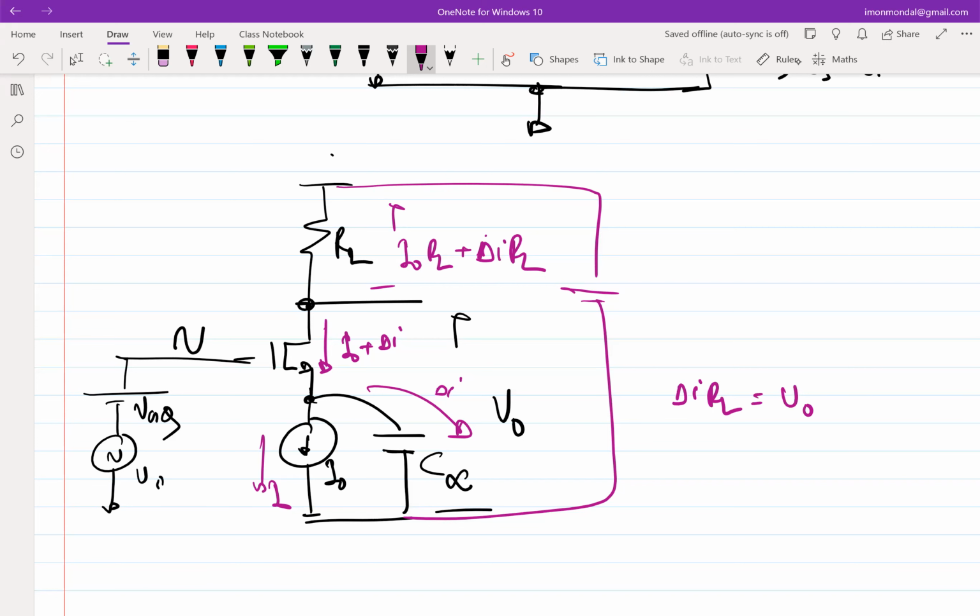Okay, fine. Now the question is, obviously this is kind of obvious, but still let me ask you this question. So now this delta I is flowing into this C infinity. Why isn't it raising the voltage of the source and shutting the transistor down? That's what we have been saying all along.